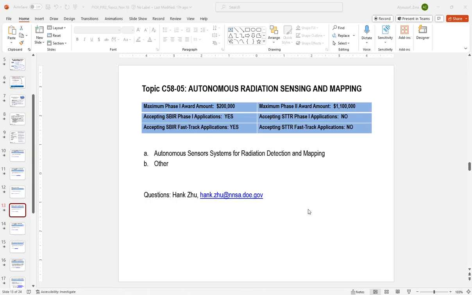The Department of Defense and DHS are also highly interested in autonomous sensing. So this is topic A, but topic B is basically anything beyond what's described in topic A that can achieve the same autonomous sensing capabilities. I'm happy to answer any questions.